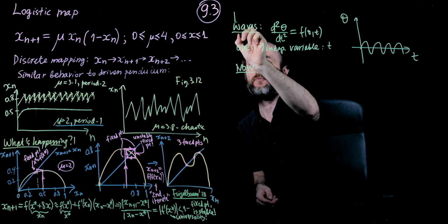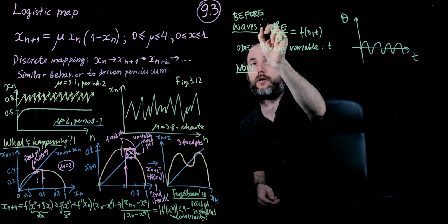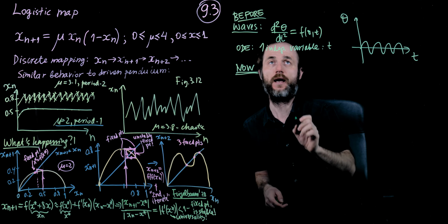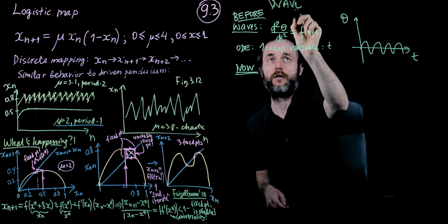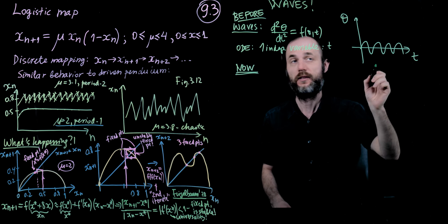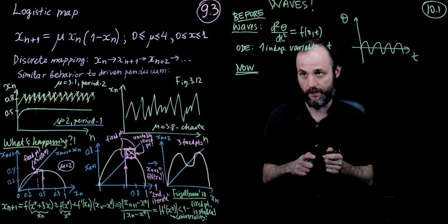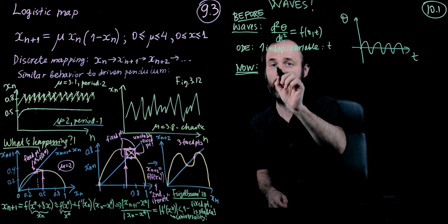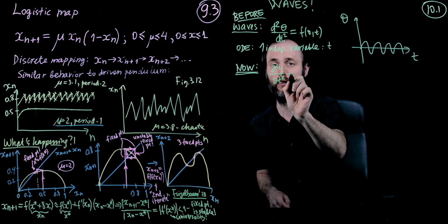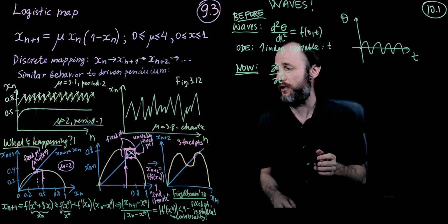So let's call this before, and this is now. And we are considering waves, and this is going to be part 1 of lecture 10. So now we're going to consider equations of motion that look like this, and we're going to talk about these kind of weird curly derivatives.